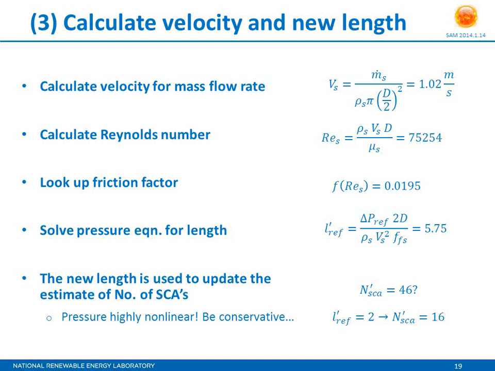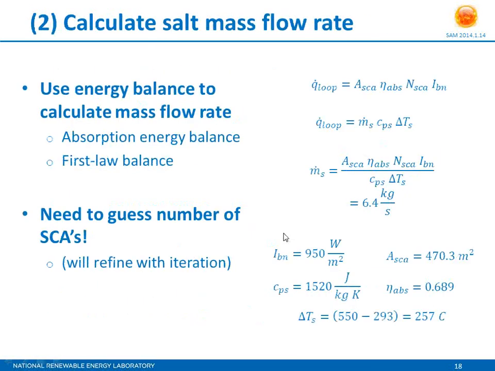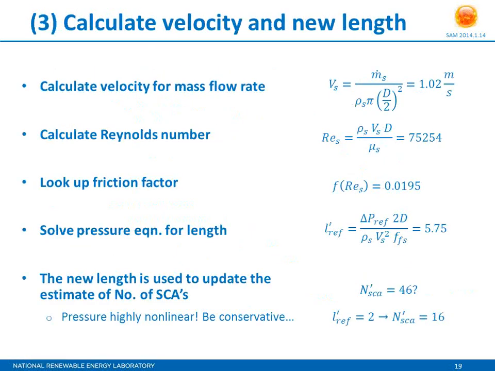So then we use that to calculate the Reynolds number and the friction factor, so we can go back to our friction factor chart here with our updated Reynolds number and pick off the new friction factor for salt. That's 75254, and then the friction factor is 0.0195.